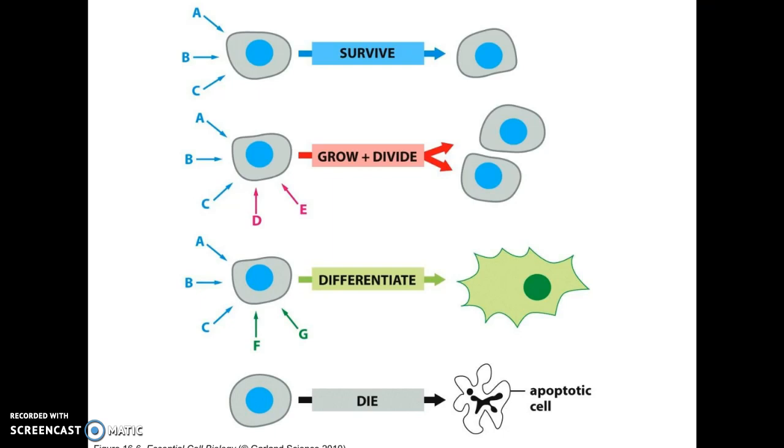So a good example of this is like the patterning in your hand. So you've got notch delta signaling there, but you've also got wingless gradients across your hand from thumb to pinky, and then you've got hedgehog gradients from back of the hand to the front of the hand, and all of those pathways working together is how you end up with the very complex structure of the hand, which cell is going to be a pinky and which cell is going to be a thumb.